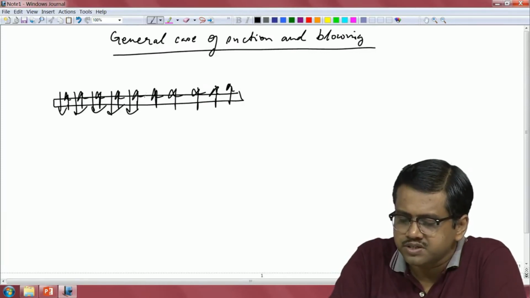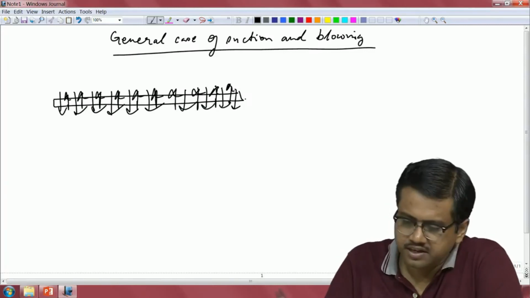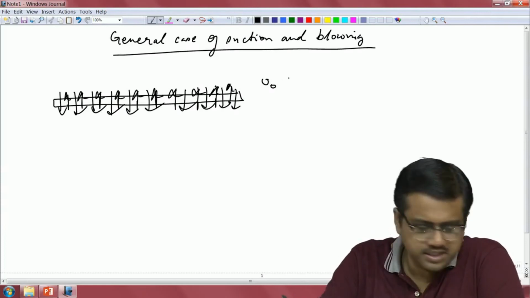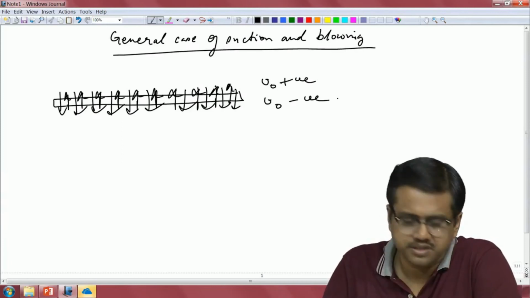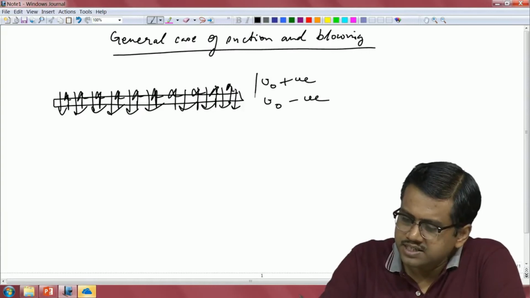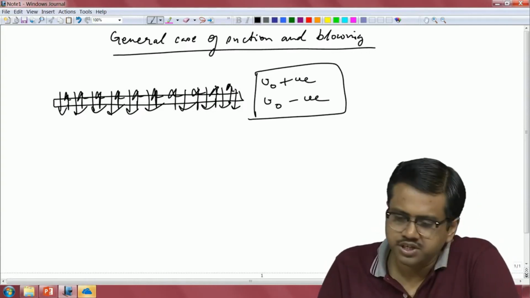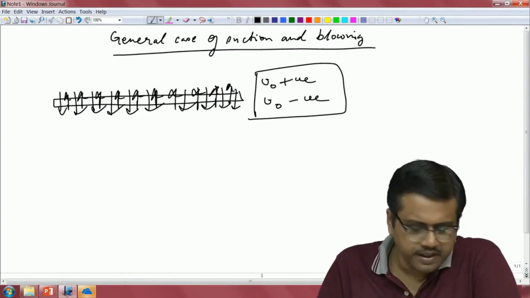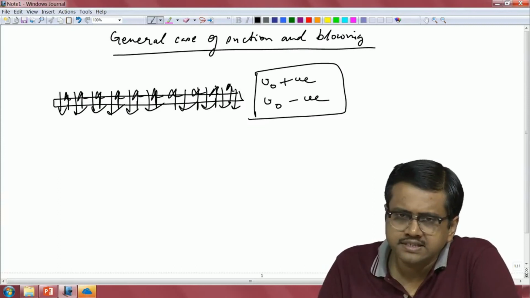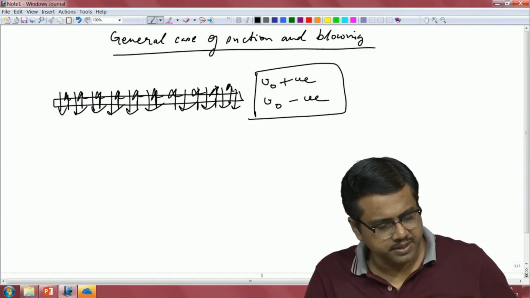That means it could be porous and you could have the flow going down like that. So, for example, if this velocity v is upward, we can say it is positive, and v downward we can consider to be negative, right. So, this is the general case of what we call suction and blowing, the mechanism of suction and the mechanism of blowing. Now, how to analyze a situation like this is what we are going to attempt in this particular class.